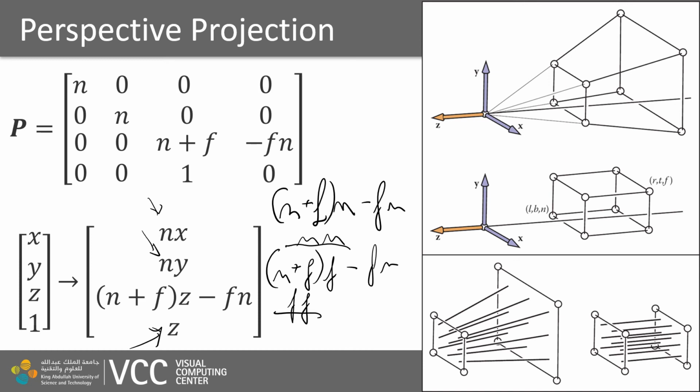If we are on the near plane, we will remain on the near plane, and if we are on the far plane, our z will remain on the far plane. So those z coordinates for these two distances will not be changed.